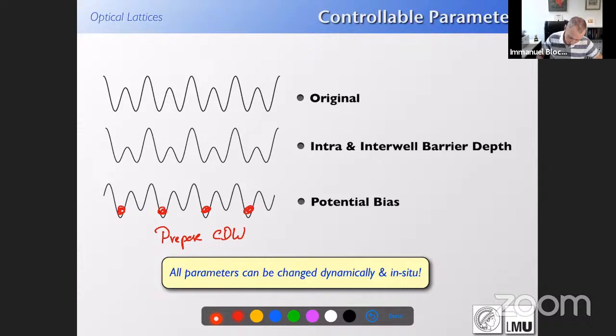And then when I rapidly change back to the original configuration, I will still be in a configuration where the atoms are only on the even sites, for example, right? And then I can initiate dynamics by lowering the potential barrier depths to initiate some tunneling dynamics in the experiment. And this is how I can initialize the charge density wave in the system.